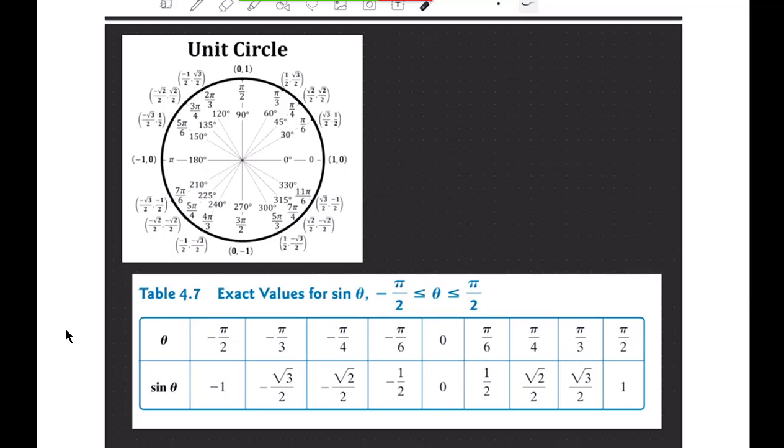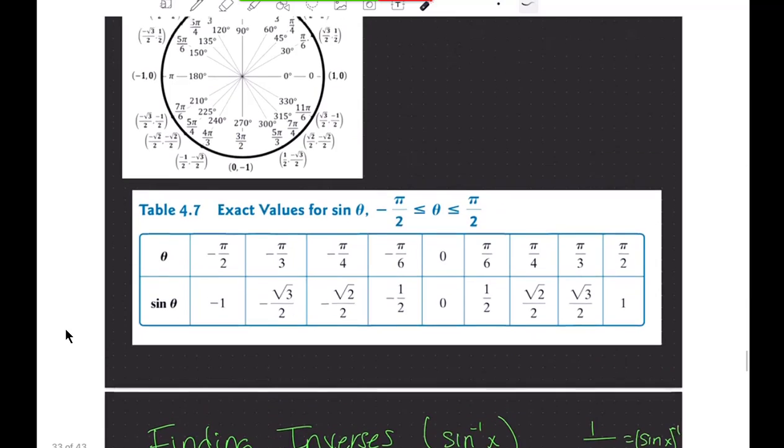If we look at our unit circle, we find our negative half at 11 pi over 6, but we want to keep it as positives and negatives, so this would be the same thing as negative pi over 6.